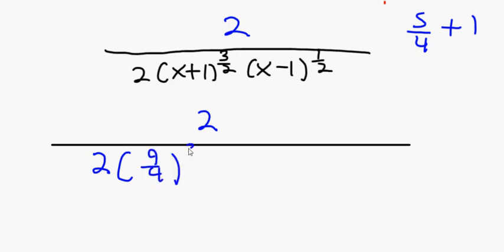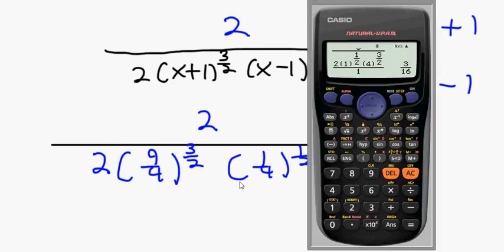9 over 4 to the power of 3 over 2. What is 5 over 4 minus 1? A quarter to the power of a half. Now all of a sudden you've turned something that could be absolutely gigantic into something a lot more manageable. So 2 divided by 2 bracket 9 over 4 to the power of 3 over 2.